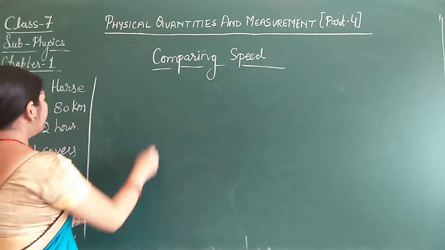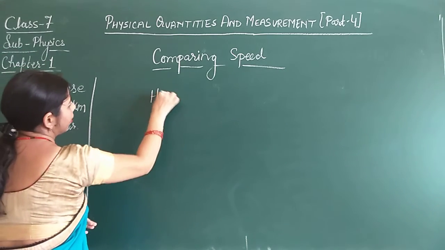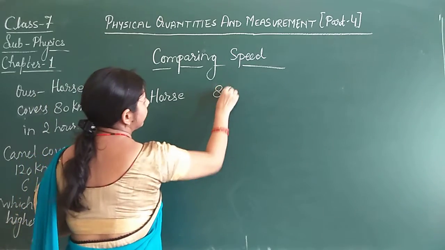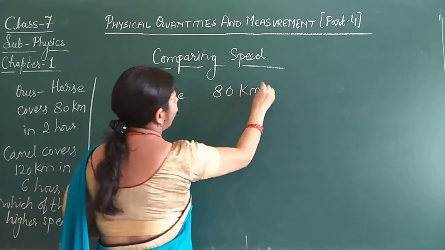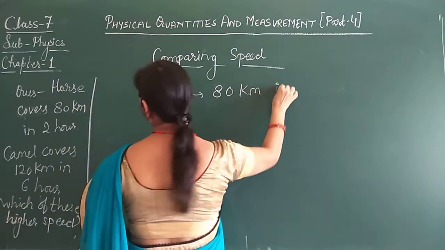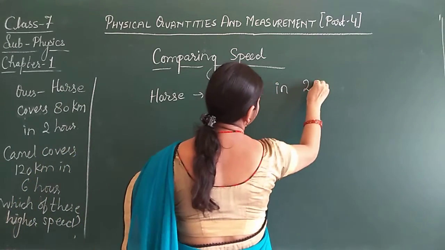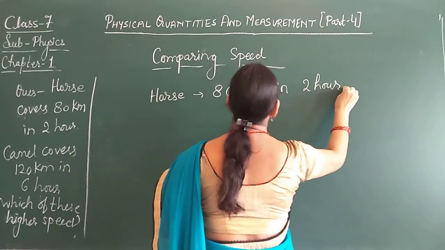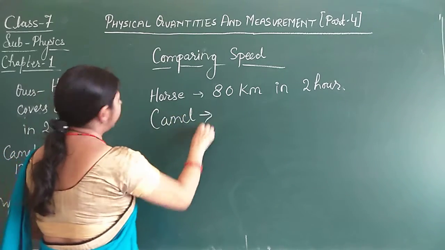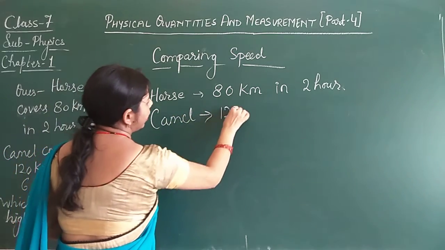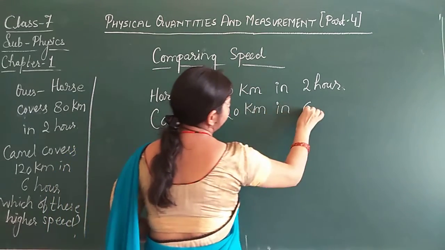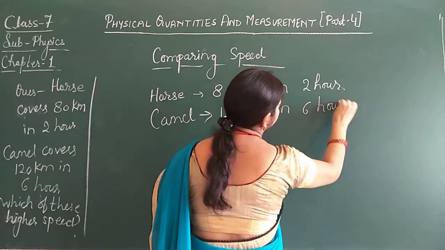Suppose a horse covers 80 kilometer in 2 hours, and a camel covers 120 kilometer in 6 hours.